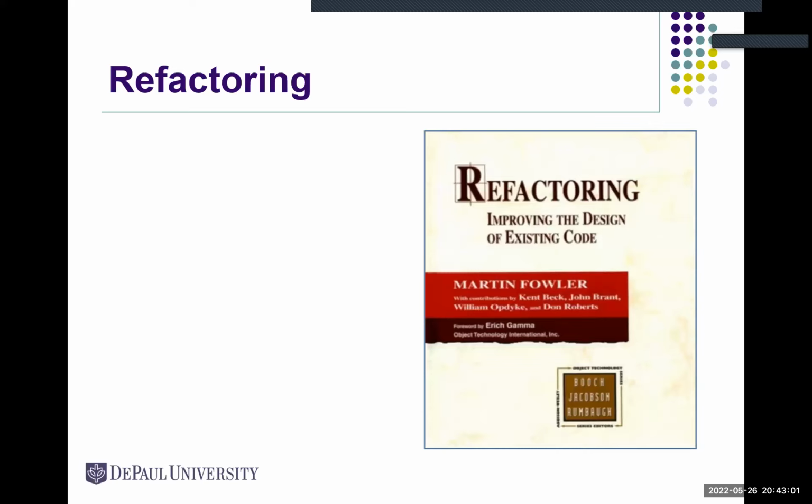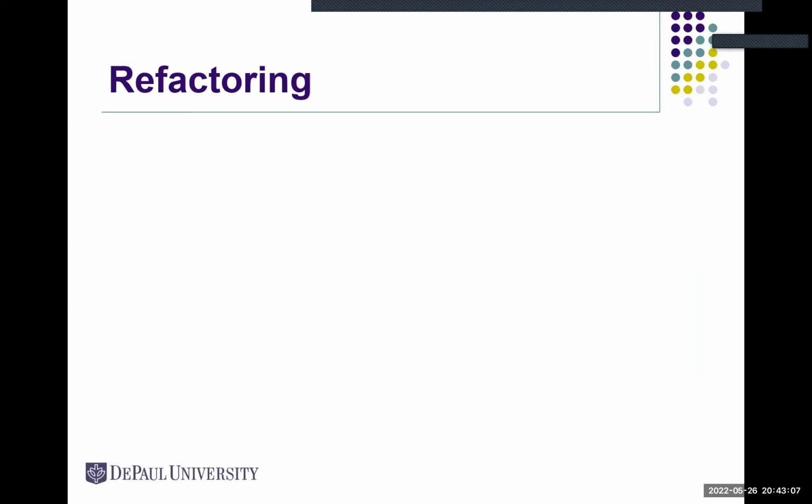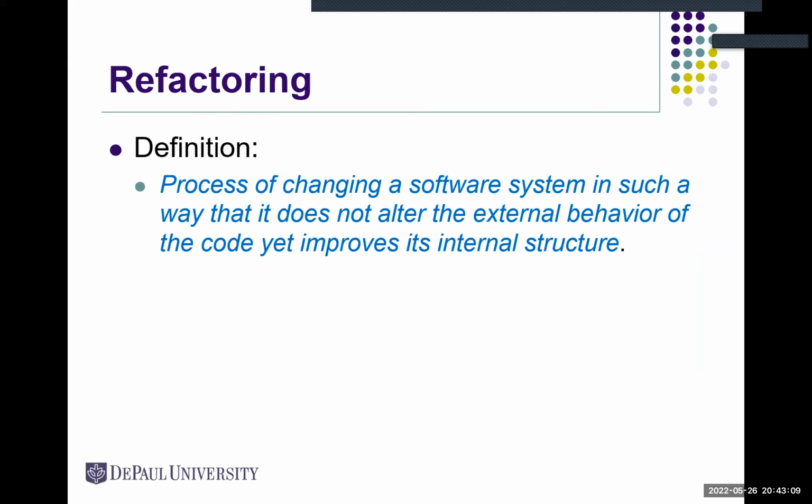The book is pretty great, and it's programming-language agnostic. It could be C++ or Java, the concept is still the same. You're changing the structure of your code, but not what it does.